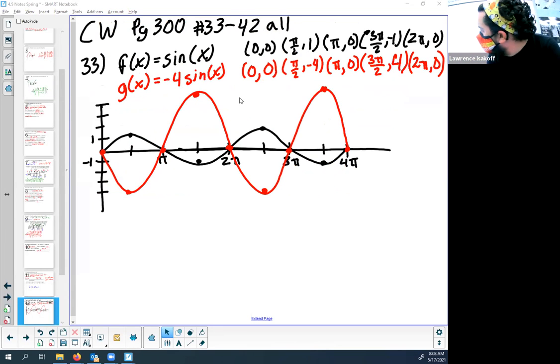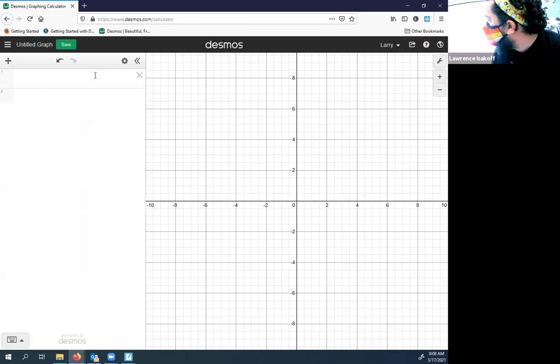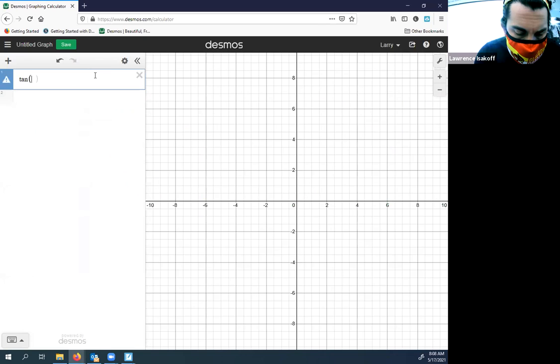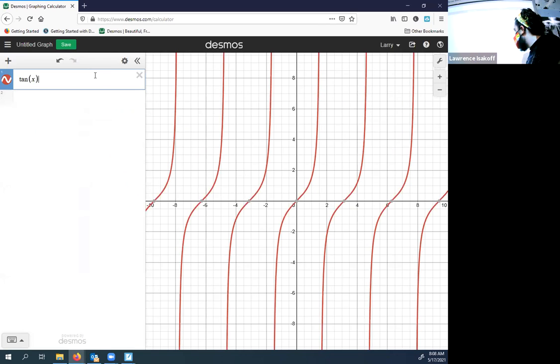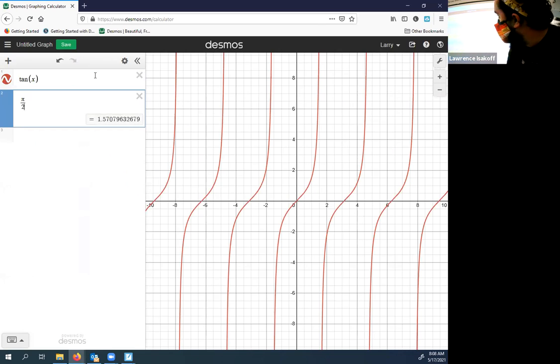So tangent looks like so. The tangent of x looks like this. If I started at pi over 2, that is where one of my asymptotes is. x equals pi over 2, there's one of my vertical asymptotes.